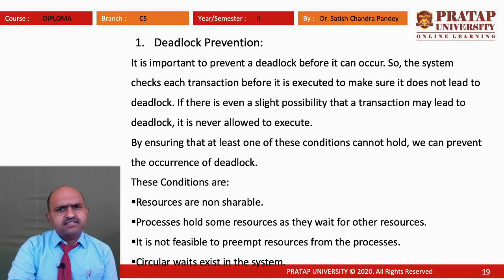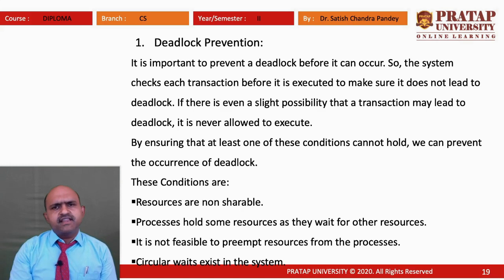Now we will discuss deadlock prevention. It is important to prevent a deadlock before it can occur. So the system checks each transaction before it is executed to make sure it does not lead to deadlock.